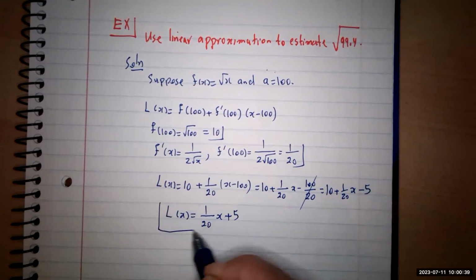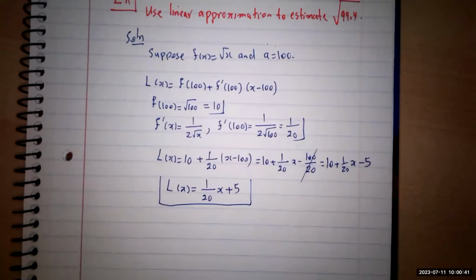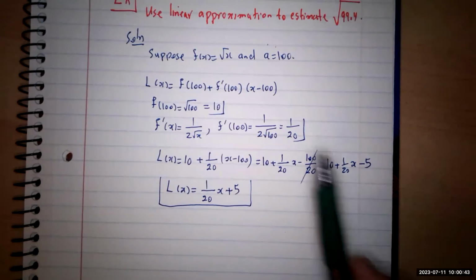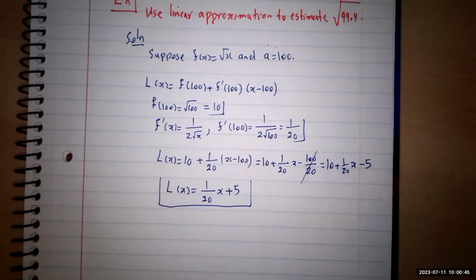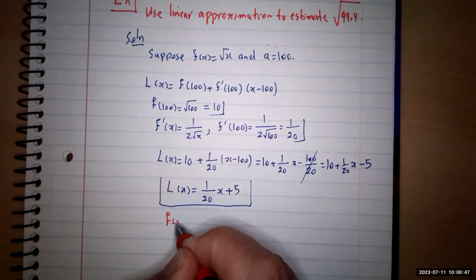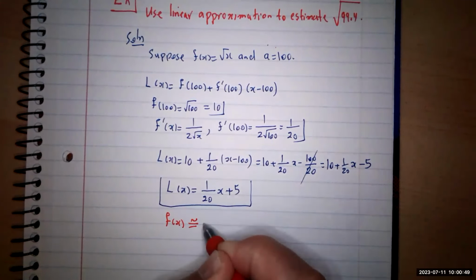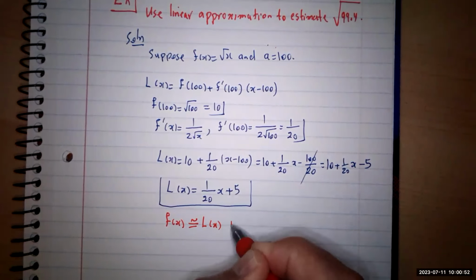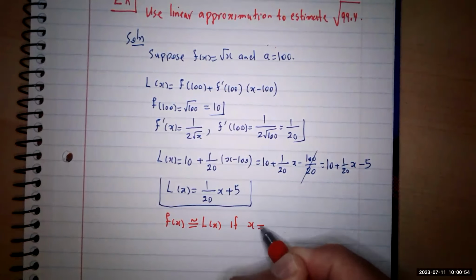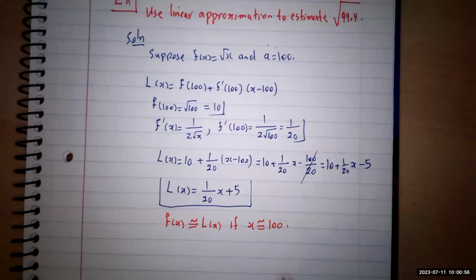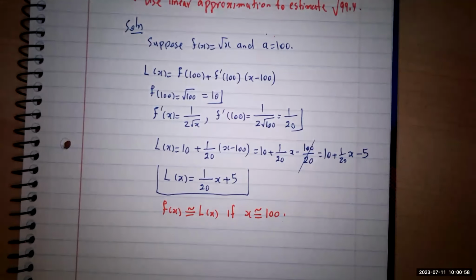This is your linearization. You did it around the 100. You claim that f of x can be estimated by L of x, but only if you are going to be around 100. You can't do it for any other numbers.